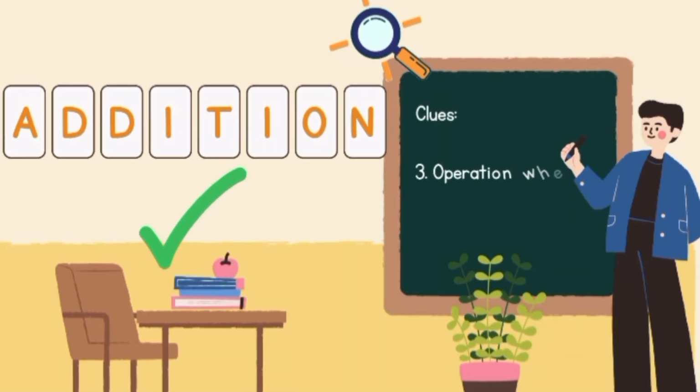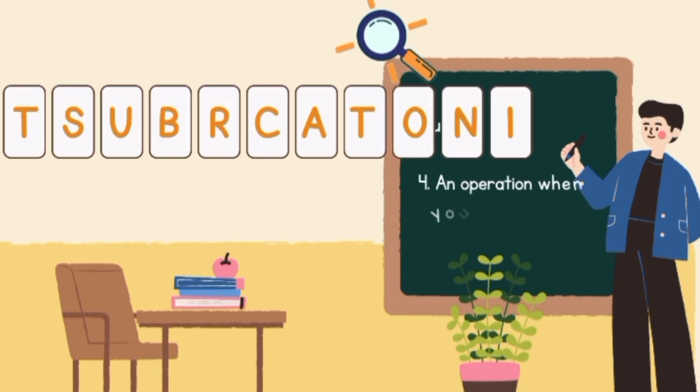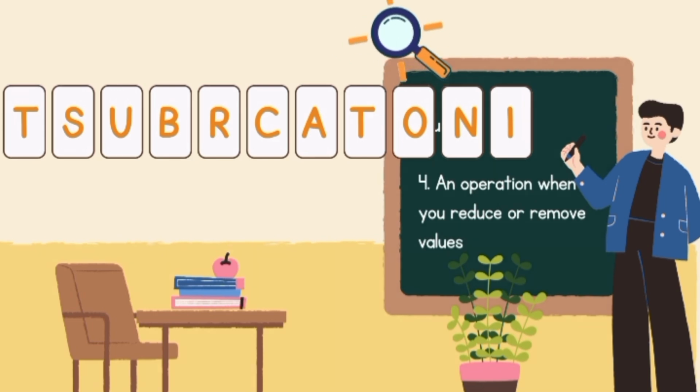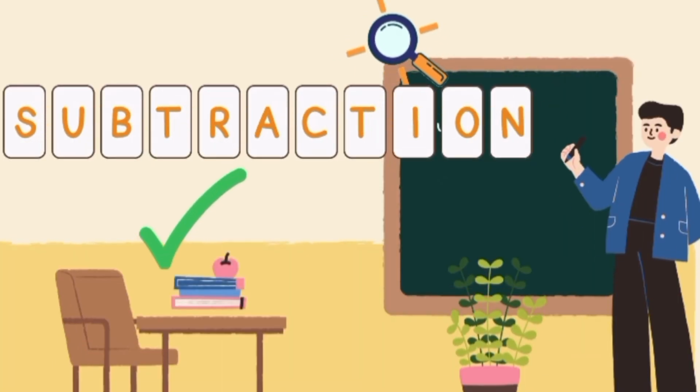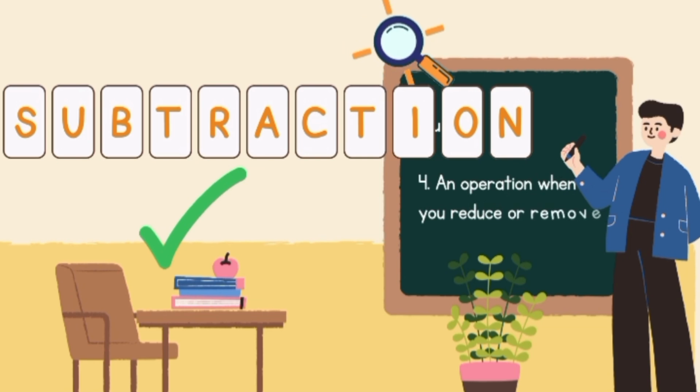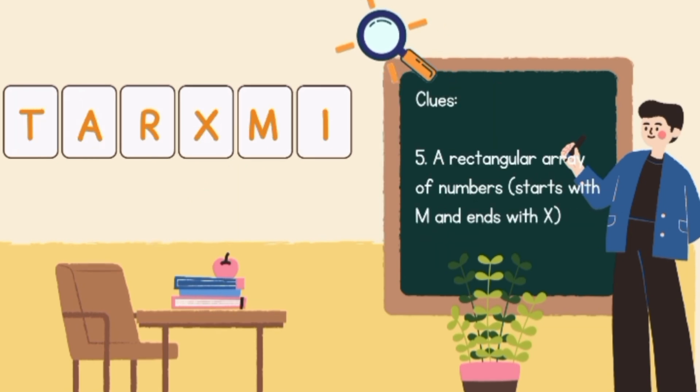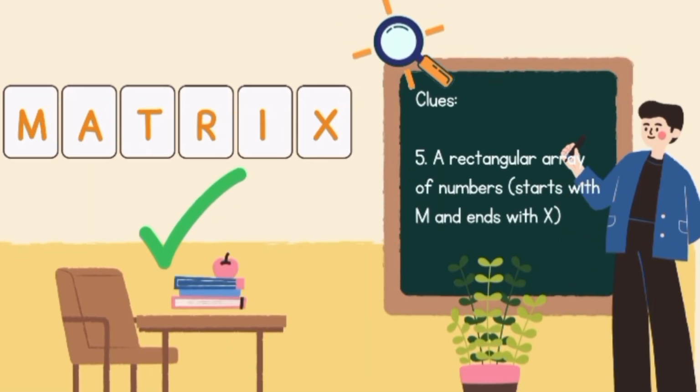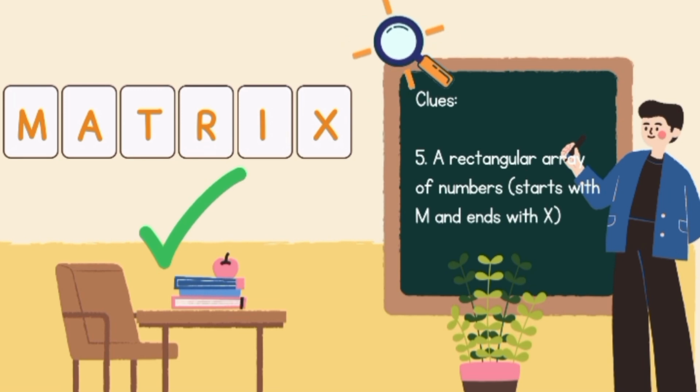Great job! That is addition. Number 4. An operation when you reduce or remove values. Correct! Subtraction. Number 5. A rectangular array of numbers that starts with M and ends with X. Great! That is a matrix.